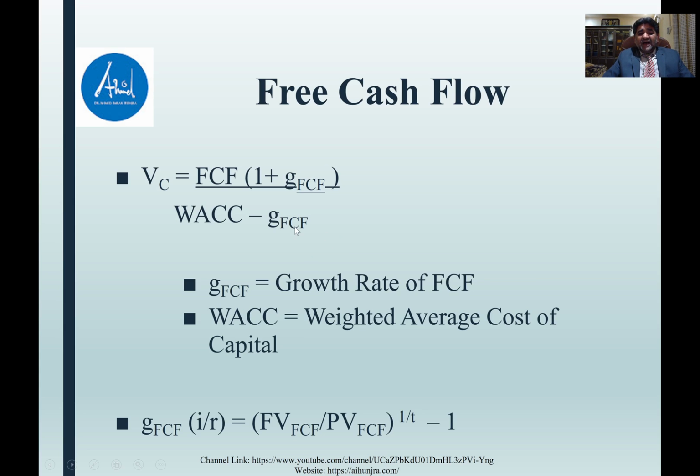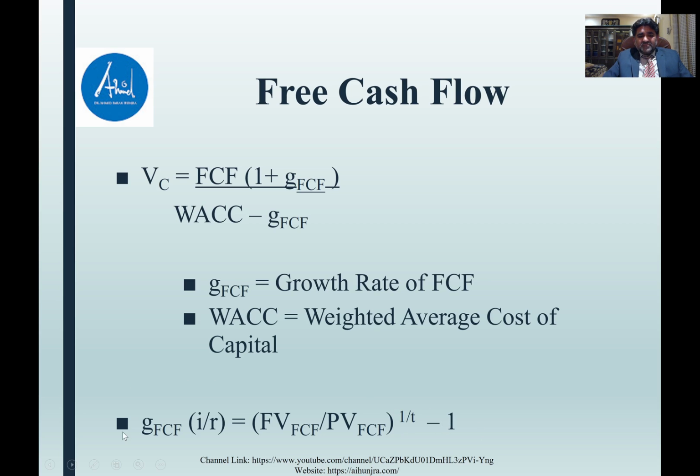If we are required to find I, then we divide future value by present value, and what is left on the right side of the equation is 1 plus I raised to the power t. So after simplifying, I, meaning the growth rate of free cash flow, is equal to future value of free cash flows divided by present value, raised to the power 1 by t, minus 1.